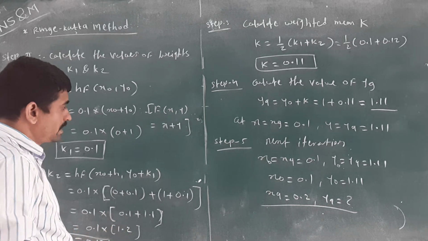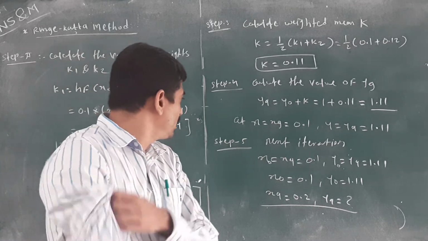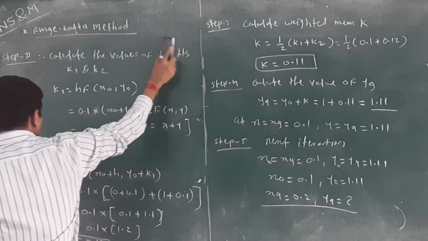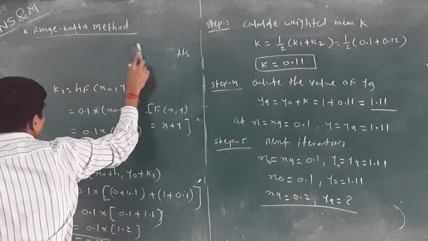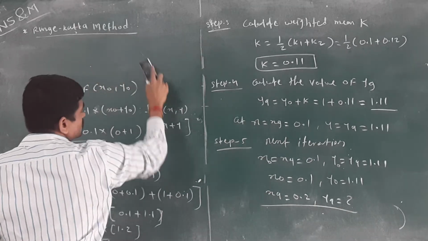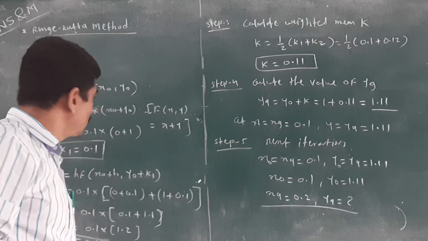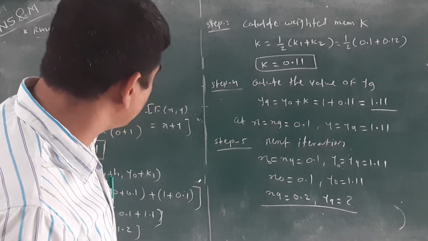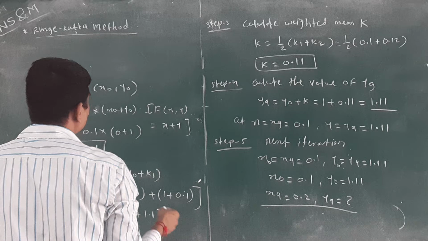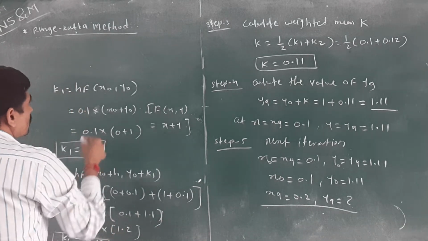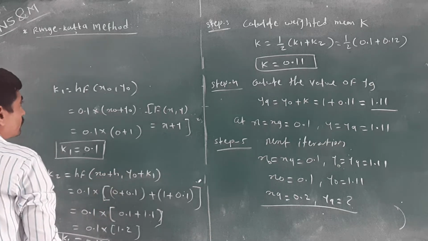Then how to calculate again? We want to use iteration number 2. We want to use this formula two times. Sorry, I will keep it as it is. Then I will change only from step number 2 up to step number 4, repeating them.